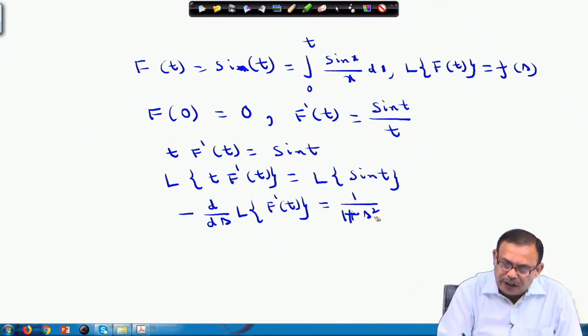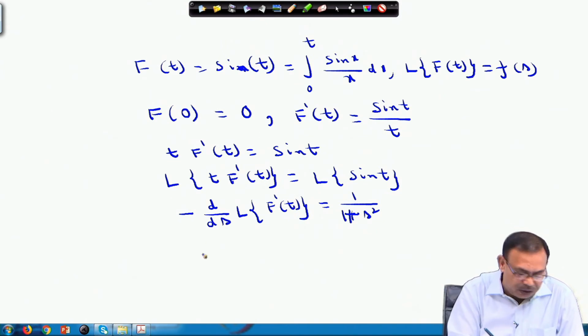Basically, this we obtained using the multiplication theorem: minus d/ds of Laplace transform of f'(t) equals 1 by 1 plus s square.